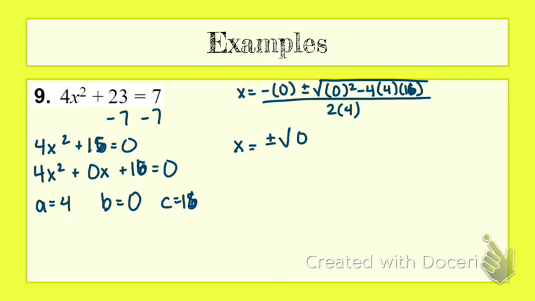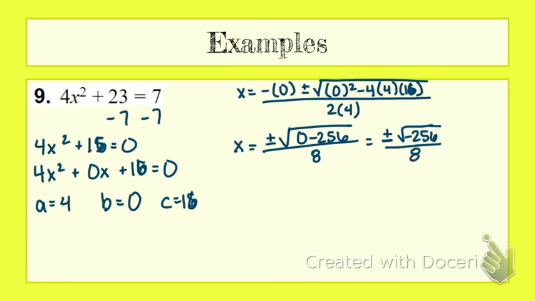So 4 times 4 times 16 is going to give us minus 256. That's all going to be divided by 8. And when we do 0 minus 256, we get the square root of negative 256, all divided by 8.